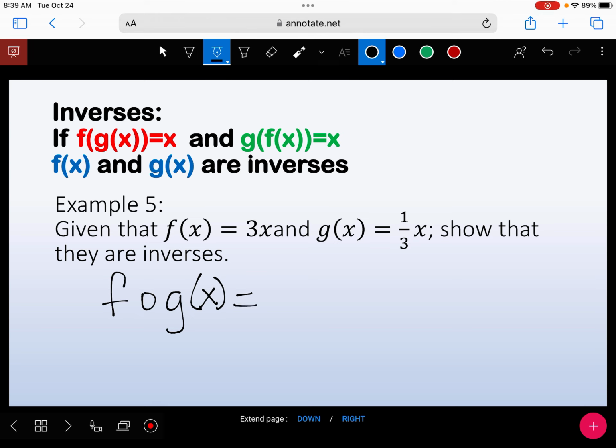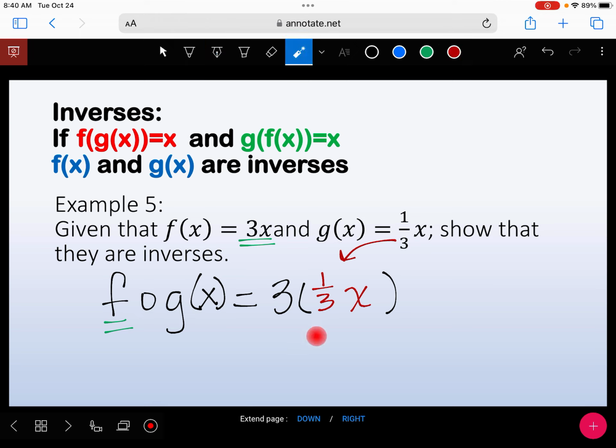All right, so I'm going to start with my f function, which is this here. My f function says 3x, so I have 3 parentheses. Inside of the parentheses, you're going to put your g function. And then check to see what you get when you multiply this. What is 3 times 1/3?